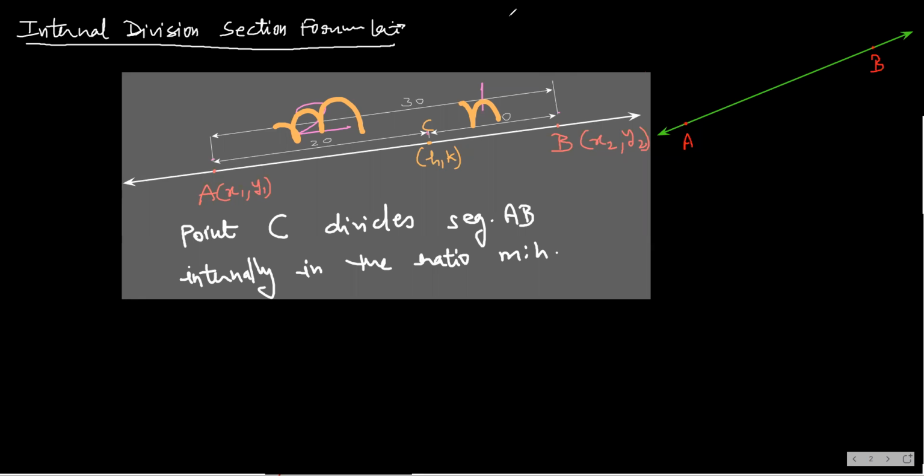So here I have 2 points A and B. I have point A and point B. What were the coordinates of A here? It was x1, y1. What will be the coordinates of A here? It will be x1, y1, z1. Remember, why? Because this line is in space. It is not in plane. It is in space.